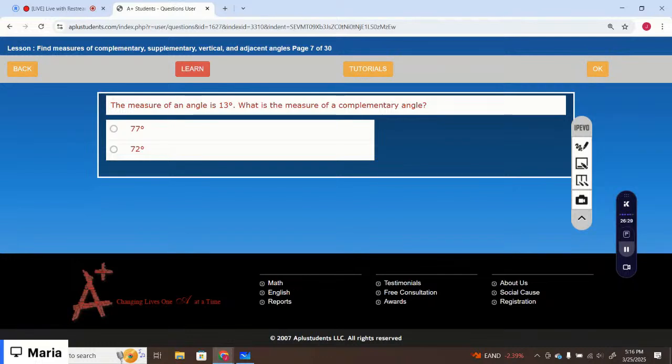What is the measure of a complementary angle? That is 77 degrees. Option number one is the correct option.